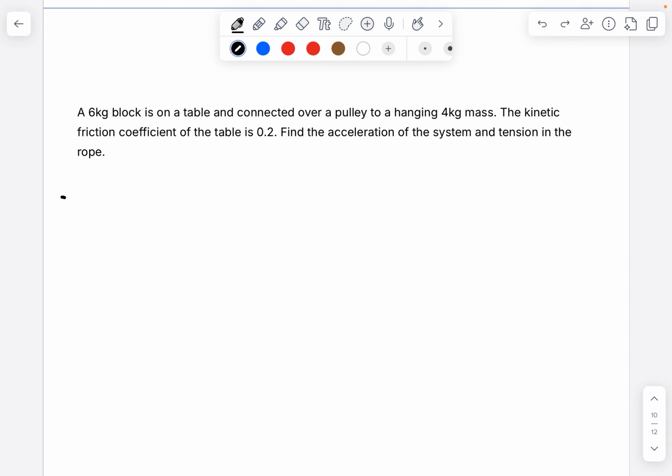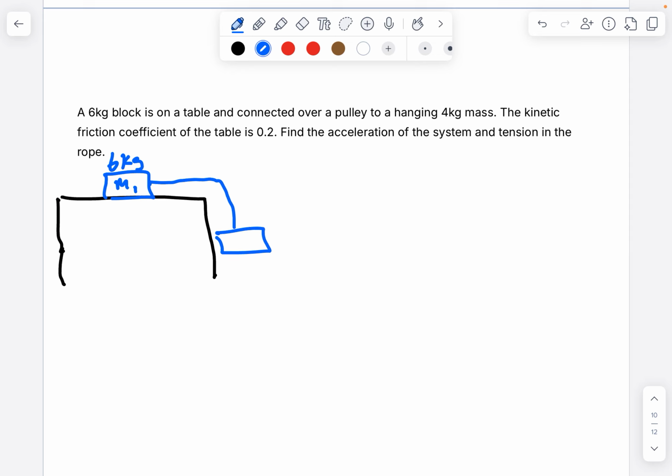So we have our little table. It's a terrible table, guys, I'm sorry. I'm going to call this mass 1. This is going to be the 6-kilogram one. And it's connected to a pulley with a 4-kilogram mass.